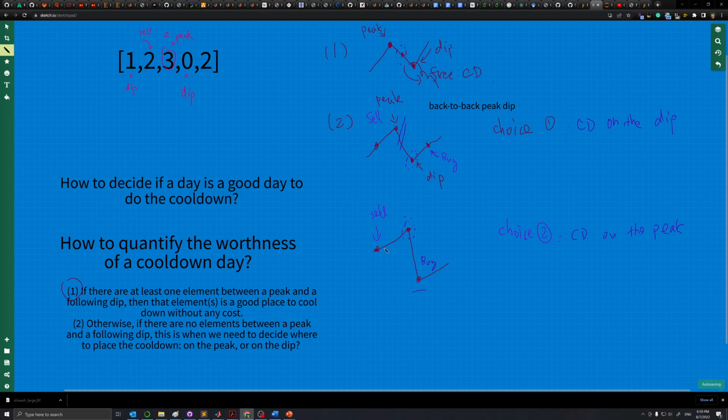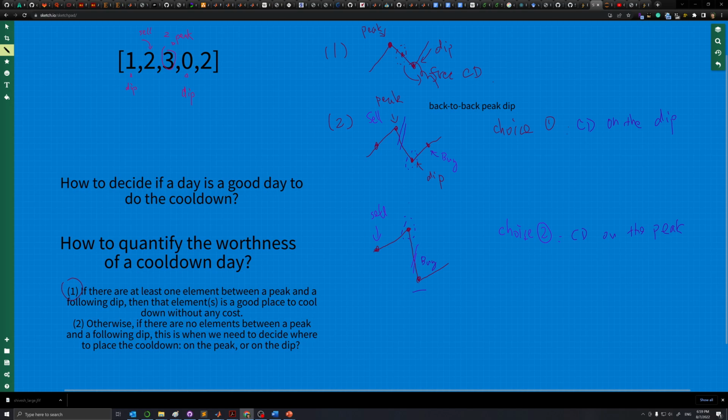So we're going to protect the transaction belonging to the peak. In the second case, we're going to try to protect the transaction starting on the dip. So these are the two choices.